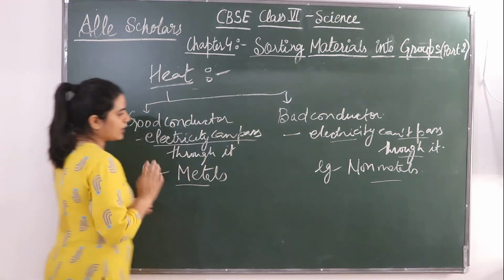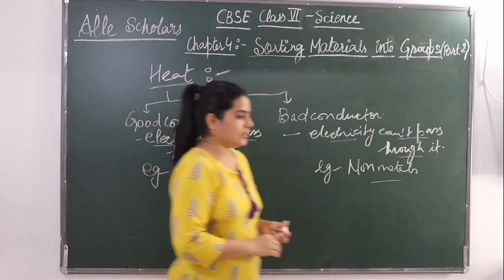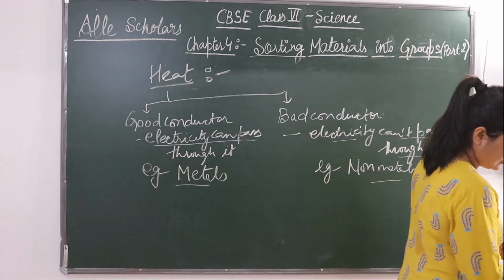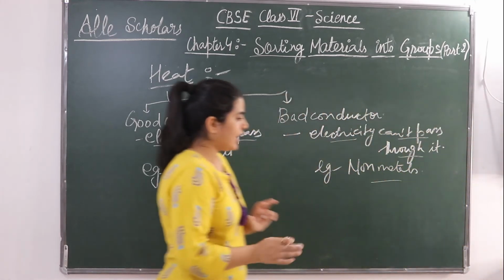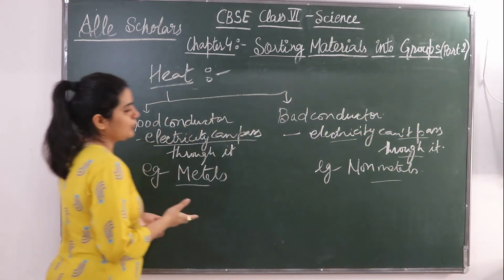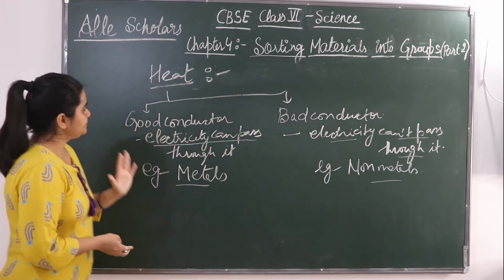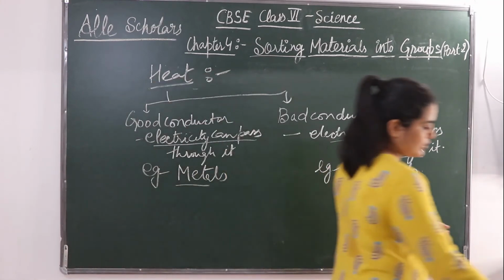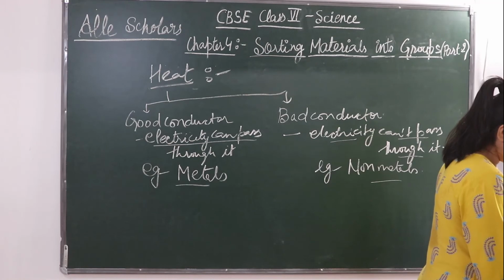So metals are good conductors of heat and non-metals are bad conductors of heat. Okay, so like this we have seen so many examples here. We have seen lots of properties of materials.